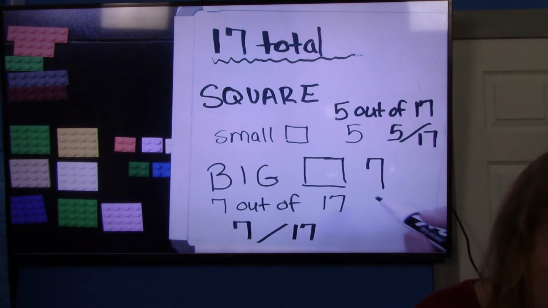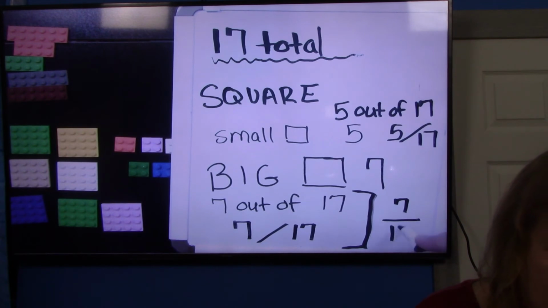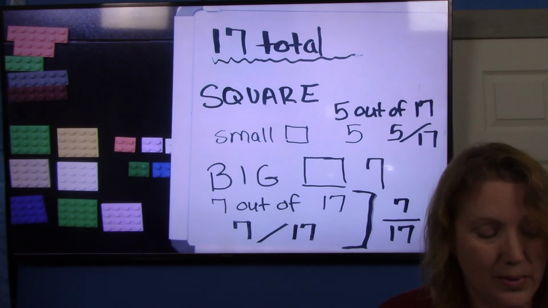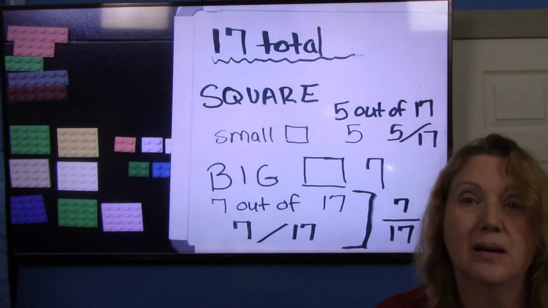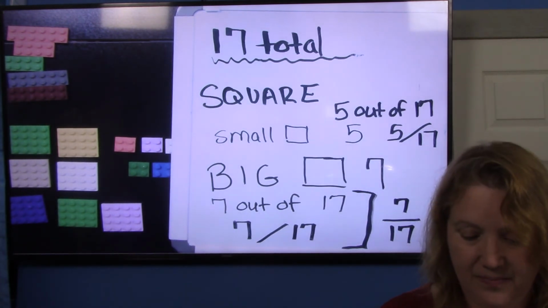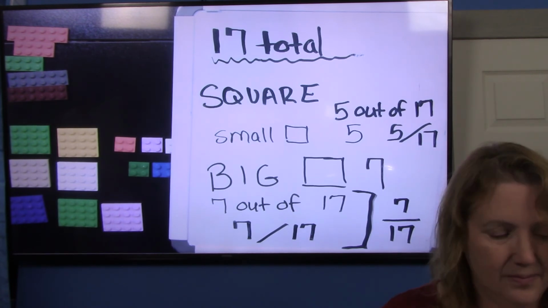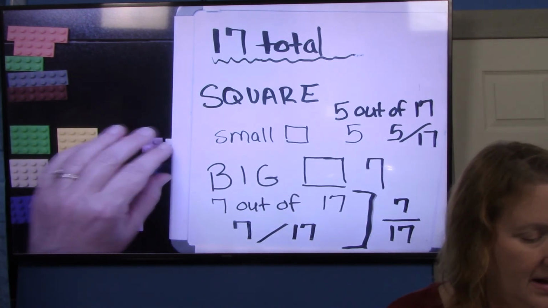And just so we don't forget, both of those together, if we were writing it on paper, would look like 7 out of 17, like this. So we have 3 ways of looking at the same meaning. How did you do?